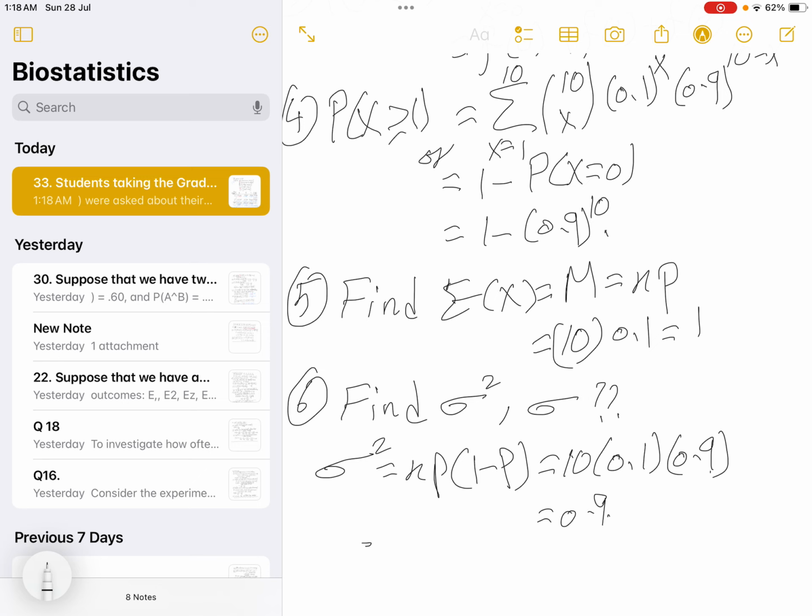Sigma is the population standard deviation, the square root of n b times 1 minus b, which is the square root of 0.9. And we don't want the final answer.